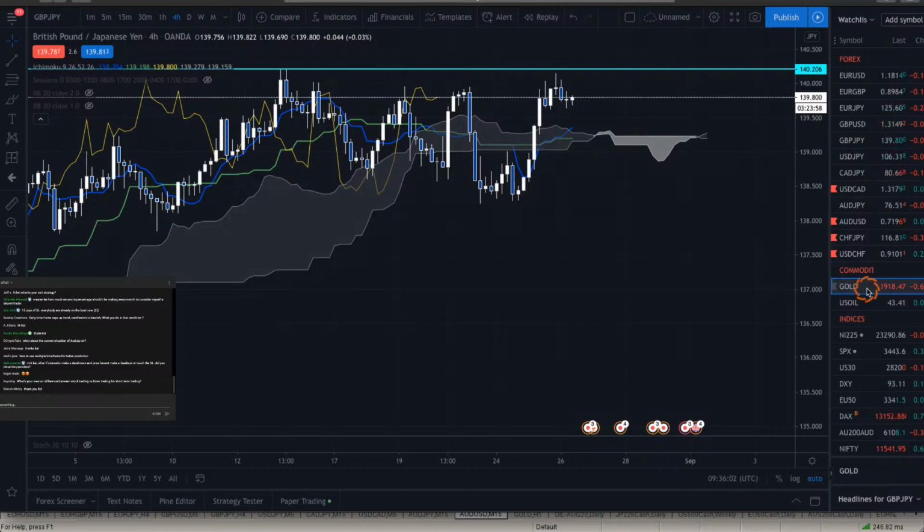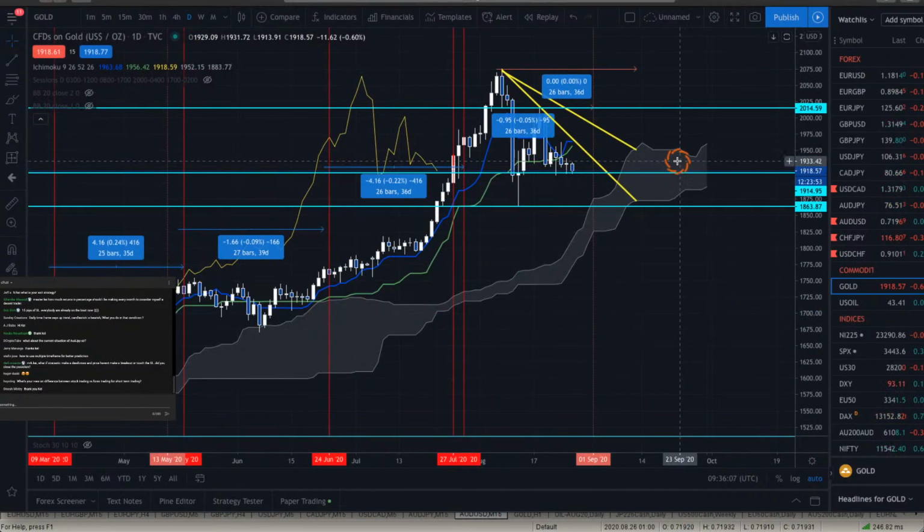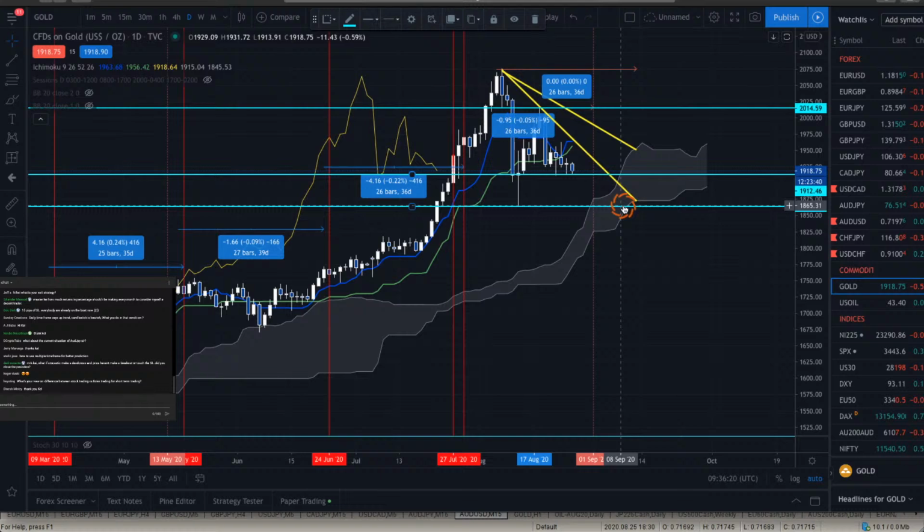And also in gold, this is still ranging basically. This one looks like a descending triangle. So the support here was 1918, or a little bit lower, maybe 1912 level is a support, and there is a descending trend line too, and the price is not yet breaking the forecast lines upwards.